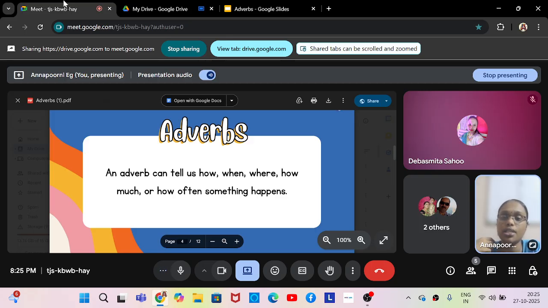So adverbs of quantity will be the answer for the question how much. Whenever you come across the question how much, you will get answers like little, some, lots of, a lot of, etc. They are actually quantifiers, and we can also call them adverbs of quantity.